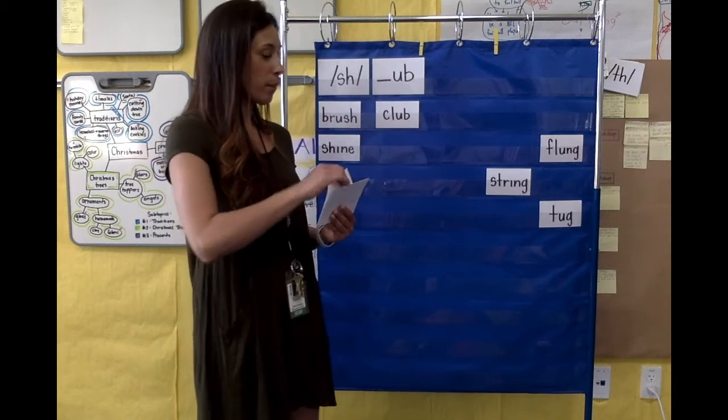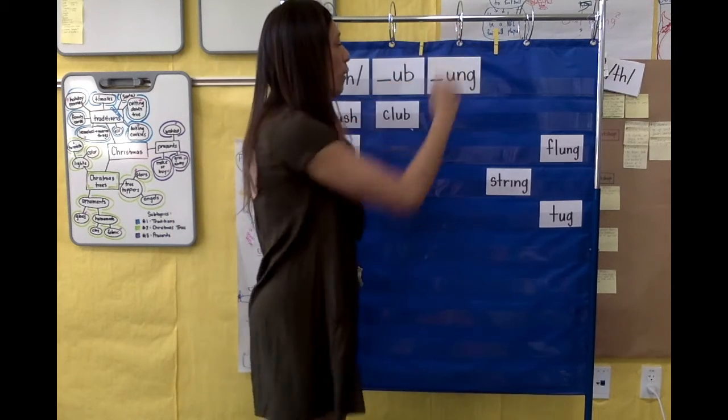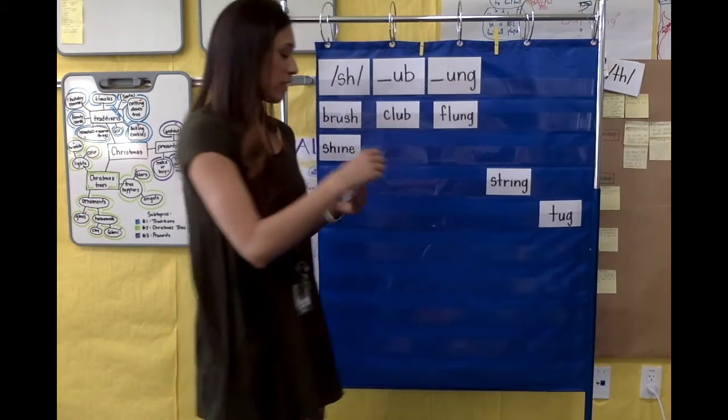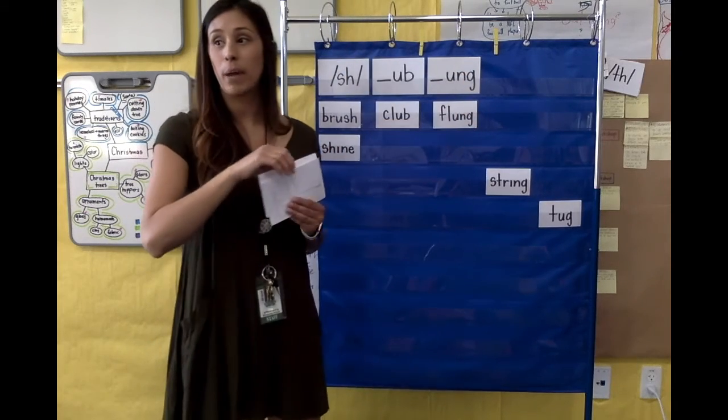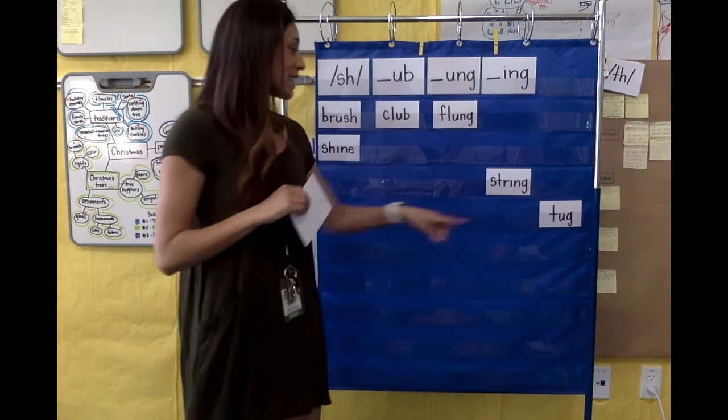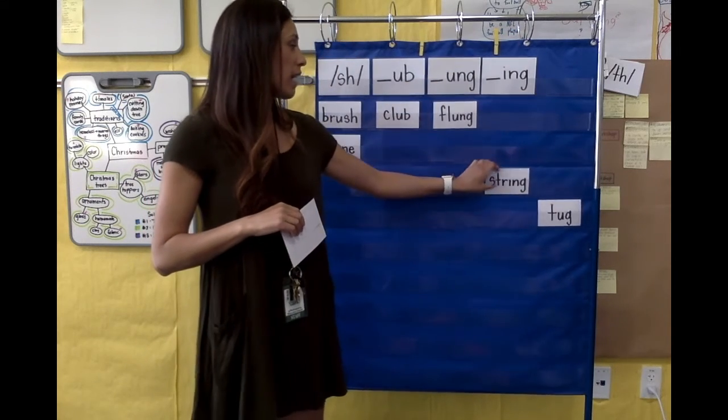So one of our patterns this week is ung, like in the word flung. And then the other spelling pattern for this week is ing, like I see in the word string.